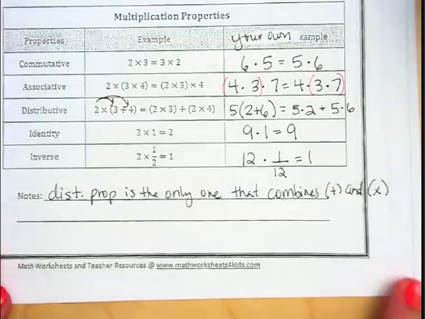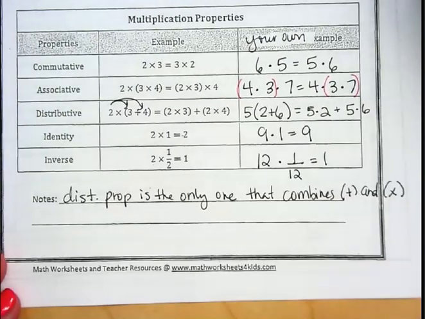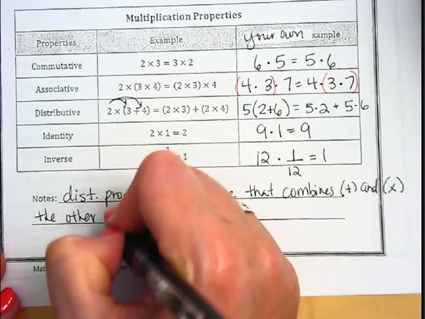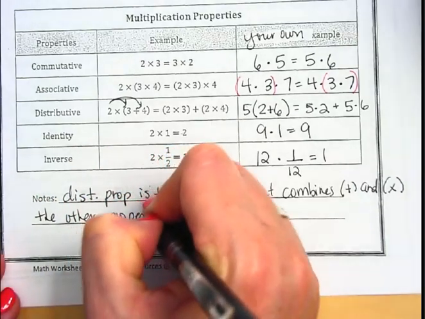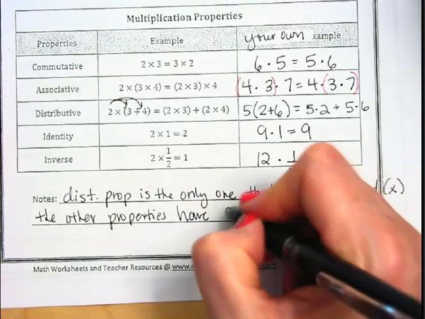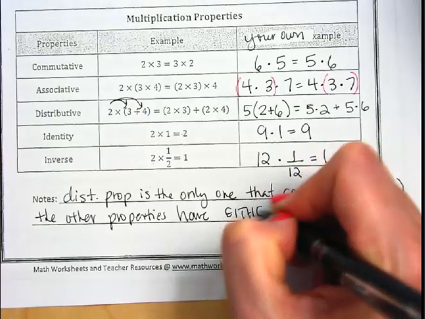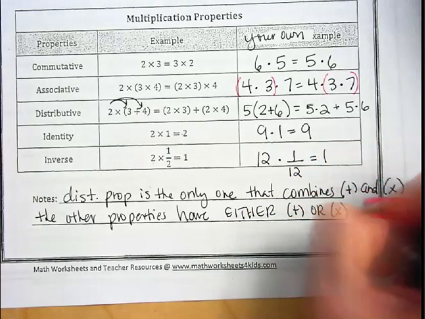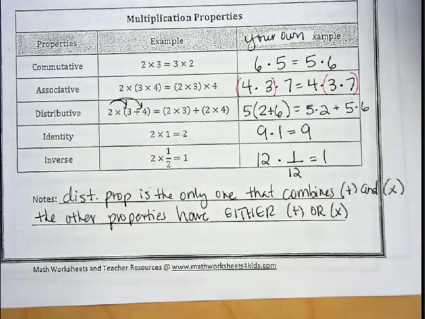Distributive property is the only one that combines add and multiply. The other properties have either add or multiply. On the other properties, it's either all addition or all multiplication. They're not being combined. And also remember that the other properties do not work for subtraction or division.